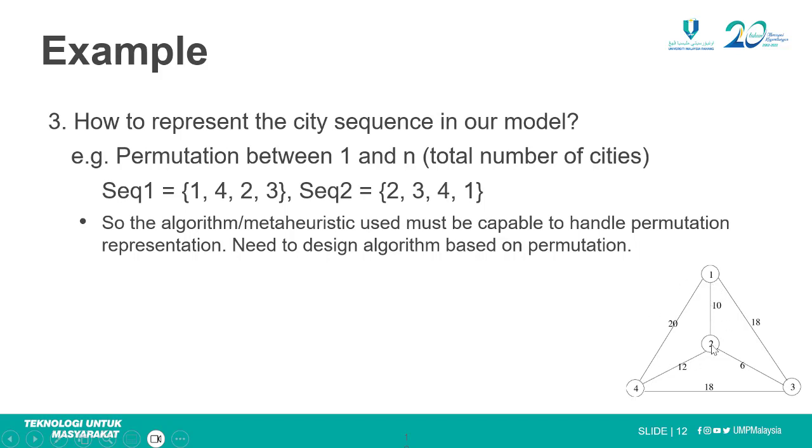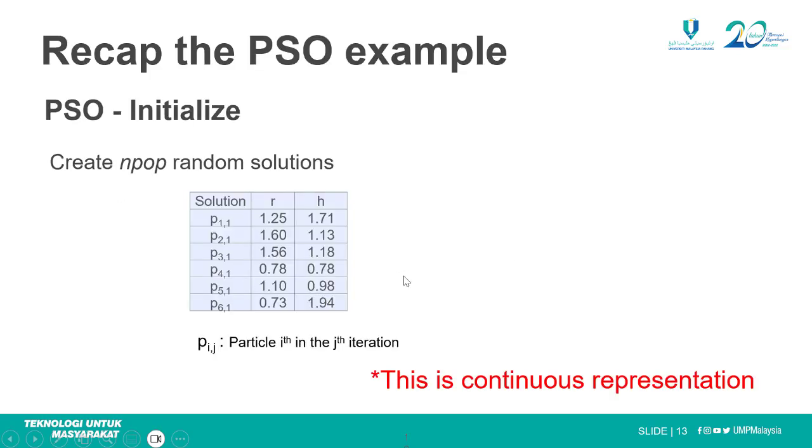The algorithm or metaheuristic used must be capable of handling the permutation representation. As I showed in the earlier video, the PSO example utilizes a continuous representation, so we need to design an algorithm based on permutation. Most standard algorithms are developed based on continuous representation, but our combinatorial problems are mostly based on permutation.